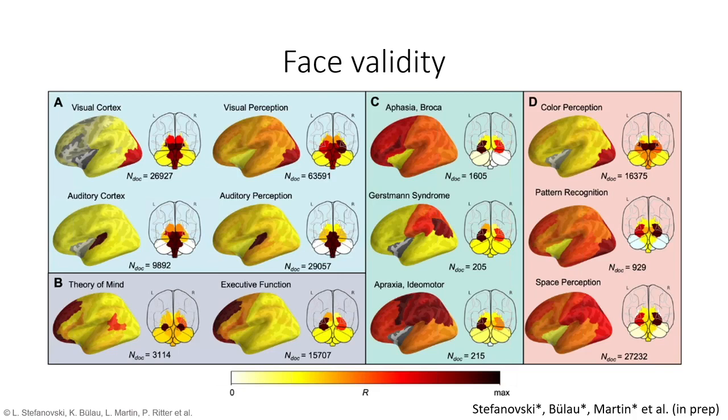So we have over 27K publications that are associated with the term space perception. From those publications, we can extract the anatomical areas that are reported and then map them to the three-dimensional space. And as you can see, at least in terms of face validity, it looks legit.